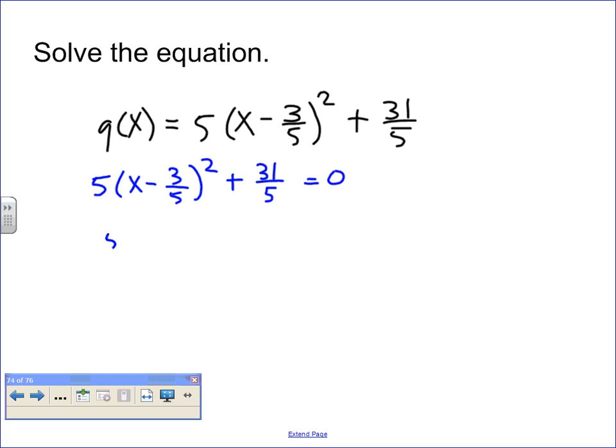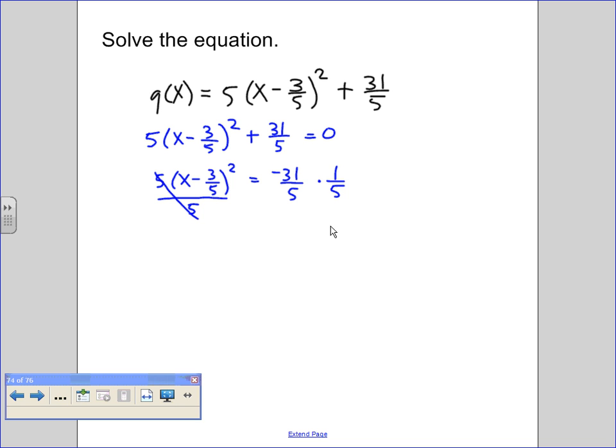I'm going to subtract the 31 over 5 from both sides. And so from here now, what I need to do is divide by 5 or multiply by a fifth. These cancel. Okay, so I end up with this.